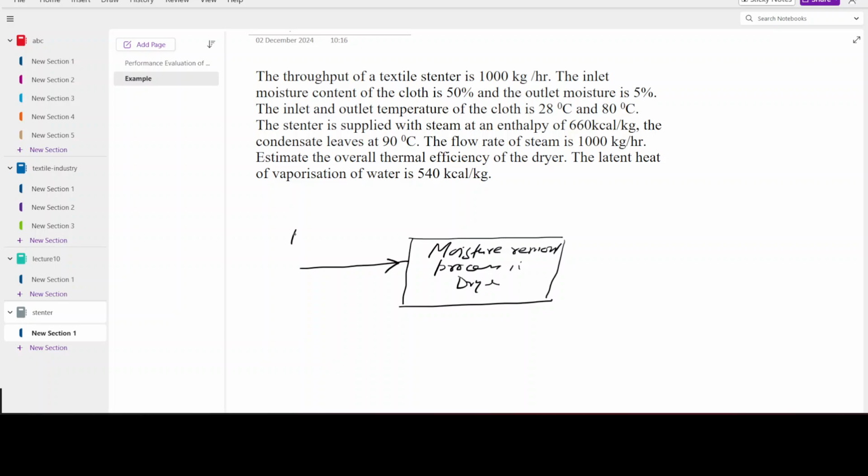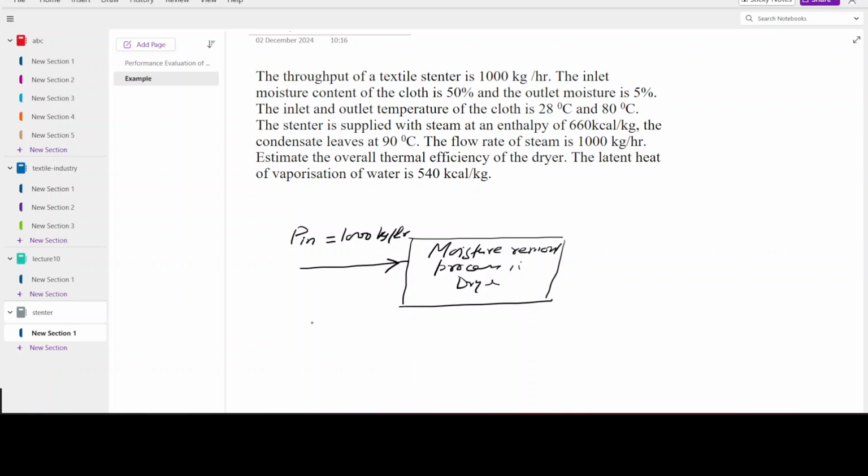Here we have P in, mass of feed material that is going inside the process, and this has been given as 1000 kg per hour.